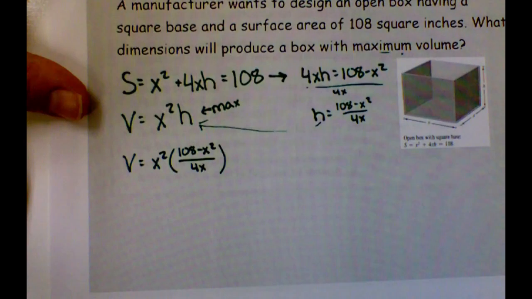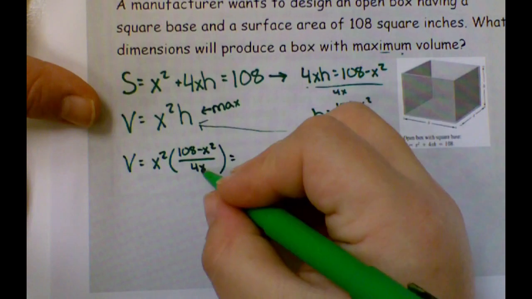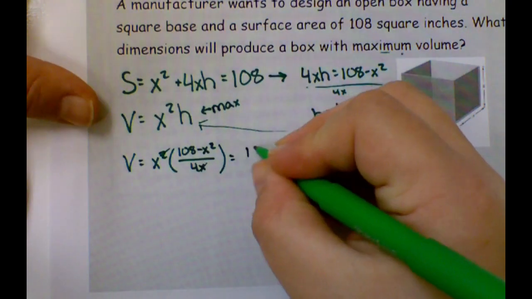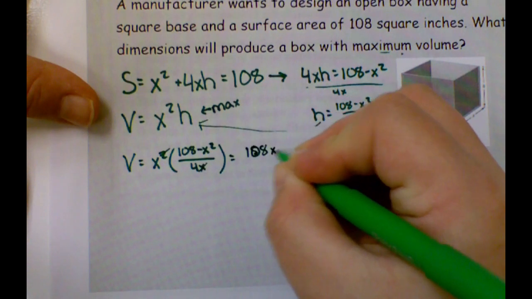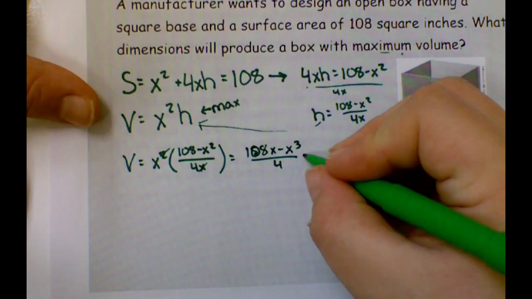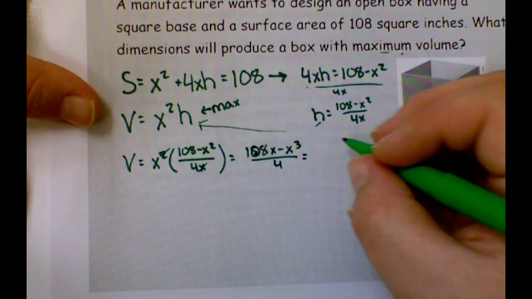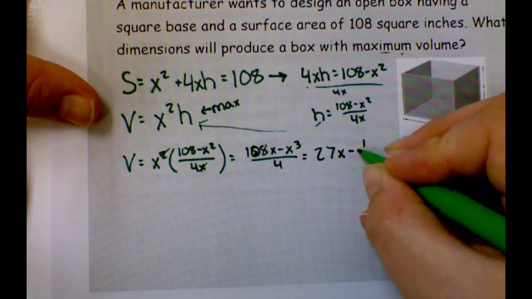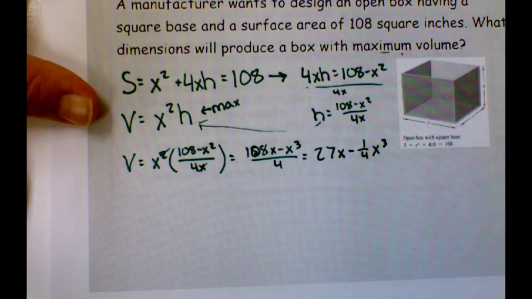And now I can simplify that a little bit, because one of these x's cancels. So I have 108x minus x cubed over 4. Let's make that just a little nicer. 108 over 4 is 27x minus 1/4 x cubed.